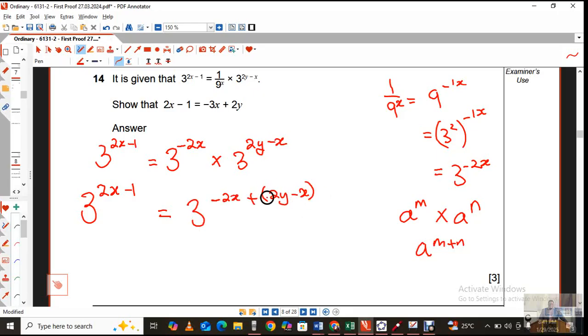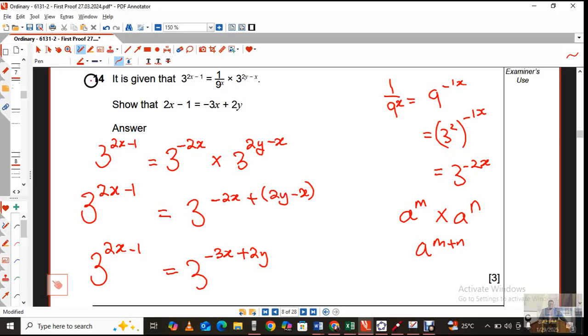Now if I do that, and I have 3 here, 2x minus 1, and if I come here, adding the indices, well, nothing I can do with the 2y, okay? But if I say minus 2x plus minus x, that gives me minus 3x, very important. Then you have plus 2y. So in this case, there was no need for me to put the brackets there, but because it's a habit, especially if you're subtracting, which will affect that.